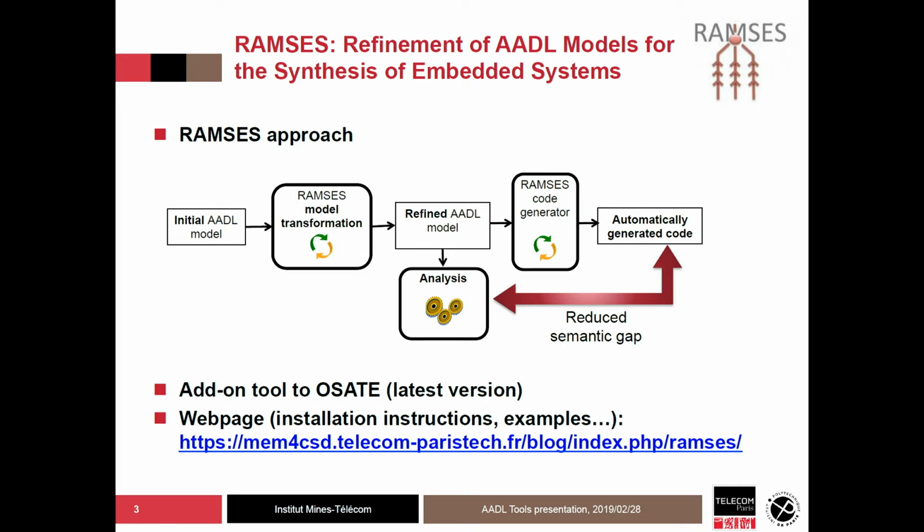So what is Ramesses? Ramesses is a tool to automate model transformations from AADL to AADL. We're going to start from an AADL abstract model and automatically transform this AADL model into a refined version of it.